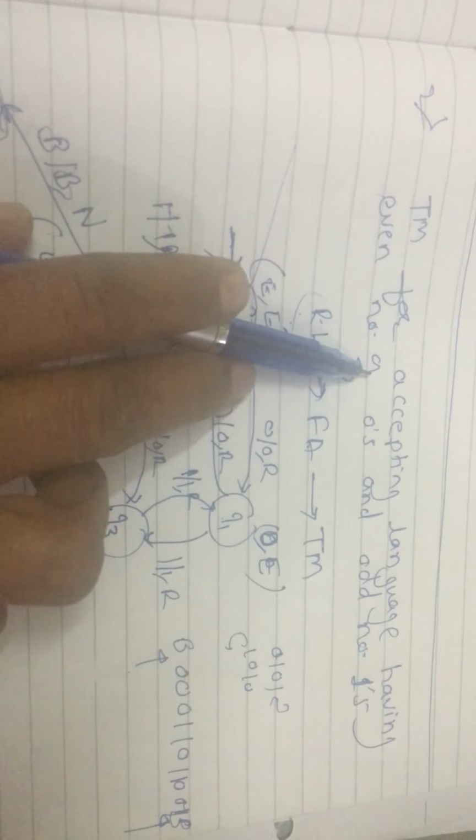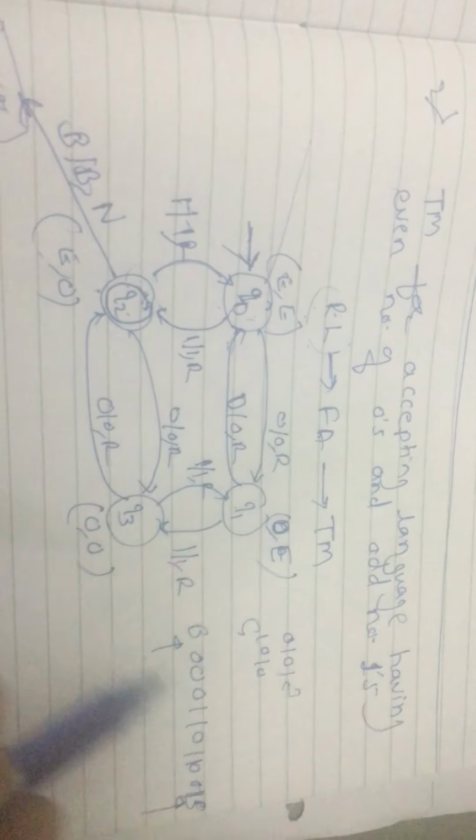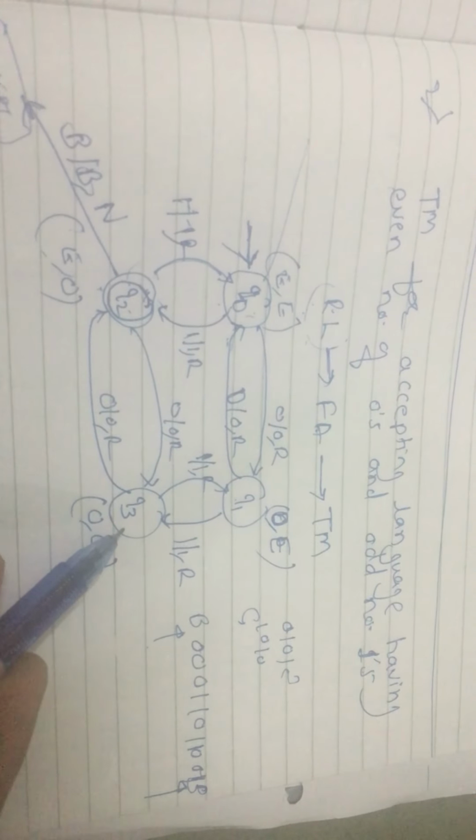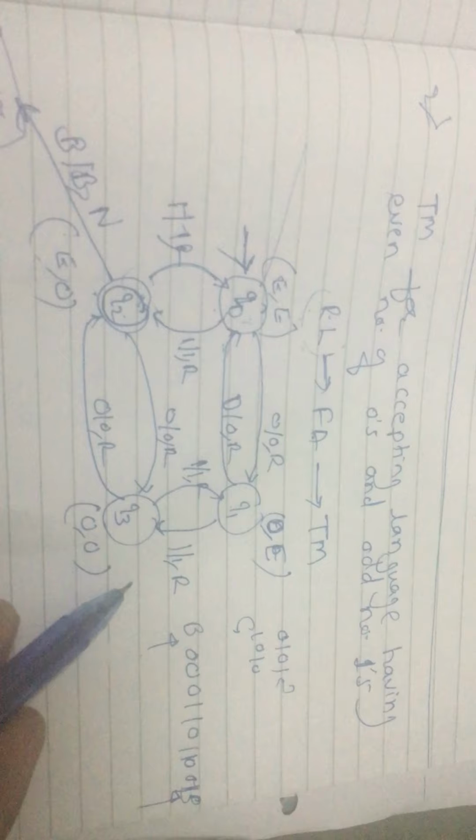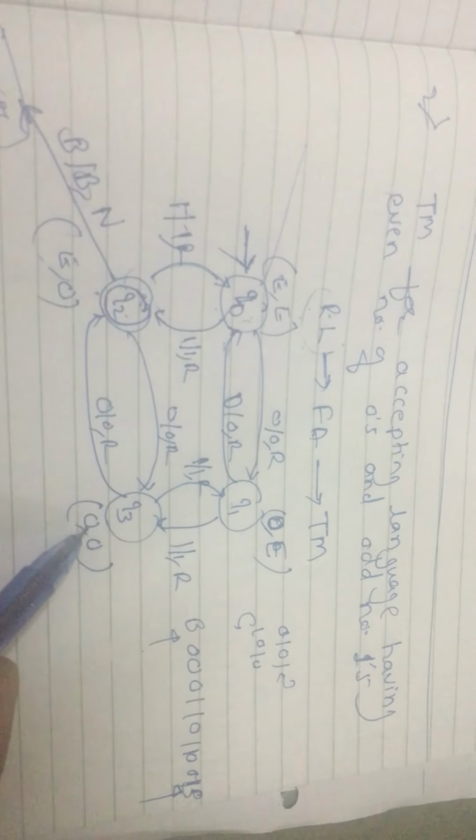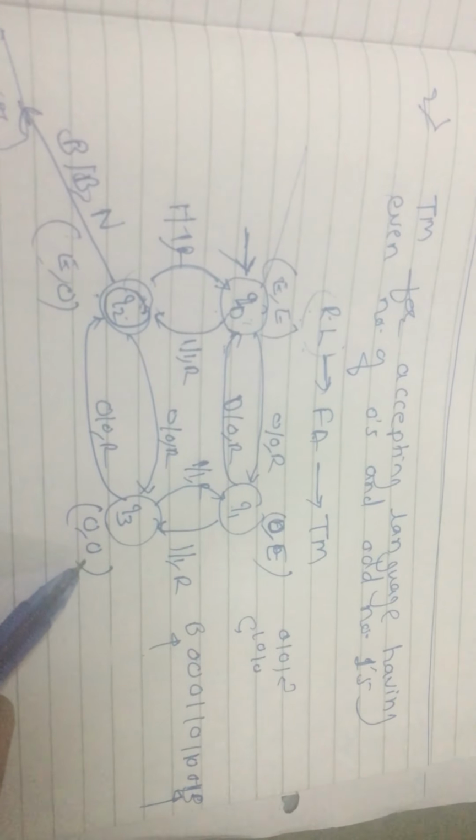If odd number of zeros and odd number of ones is asked, take the transition from Q3, because the odd combination comes there.